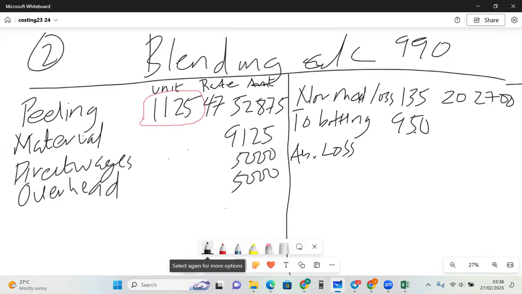And the abnormal loss here will be the difference between the 950 and the 990.